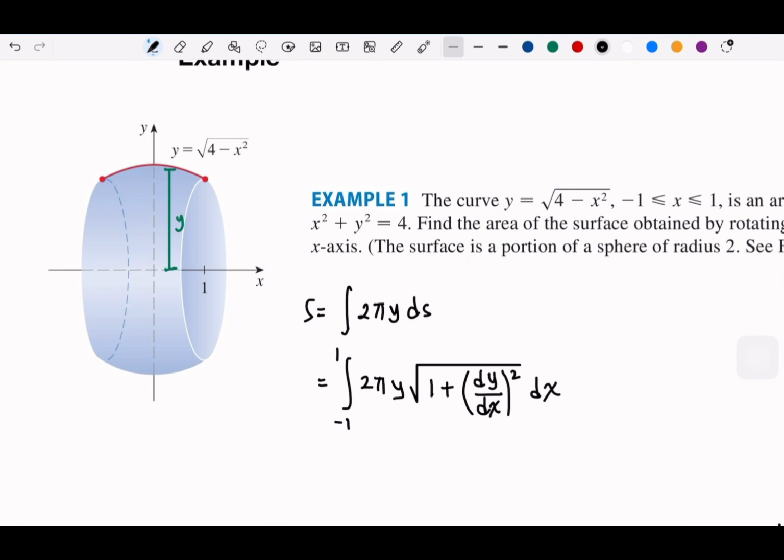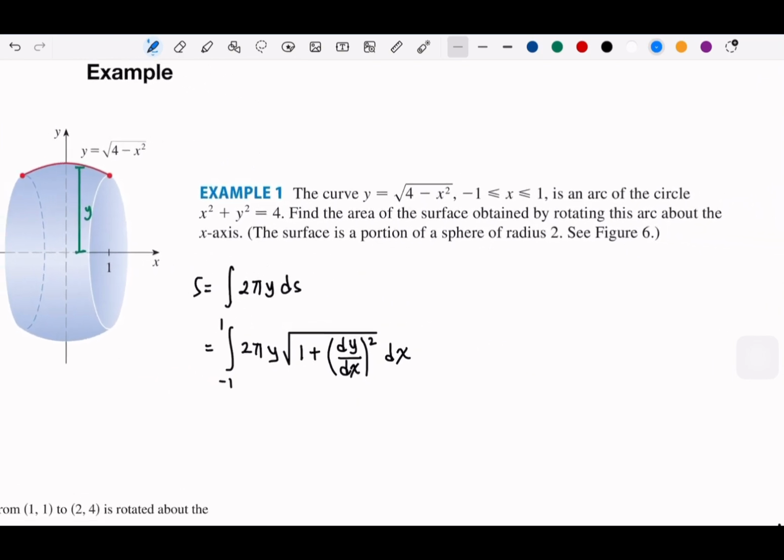Okay. So let me start with the dy/dx first. Let me write here, dy/dx is equal to, let me write here y is, just to help you look for the functions.